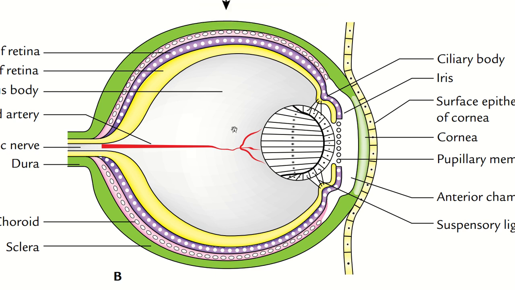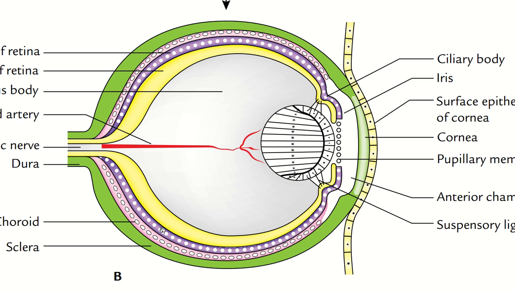Right, so let's take a look at the development of your fibrous layer and your vascular layer. We spoke of the neural layer. Remember, we said that the optic cup comes as an outpocketing of your forebrain.